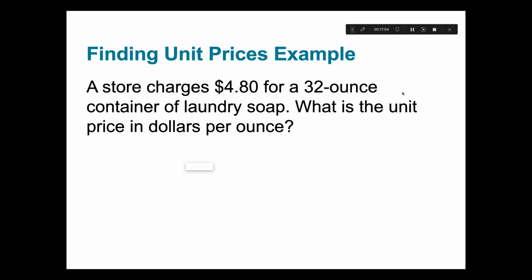What is the unit price in dollars per ounce? So we have $4.80 over 32 ounces. We want to know how much 1 ounce costs. We simply divide.